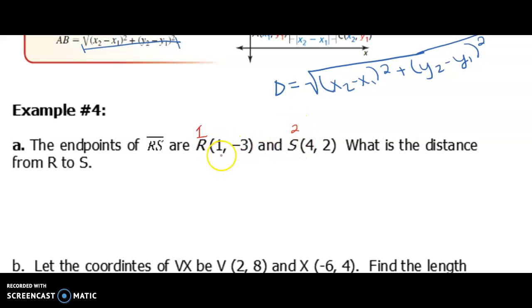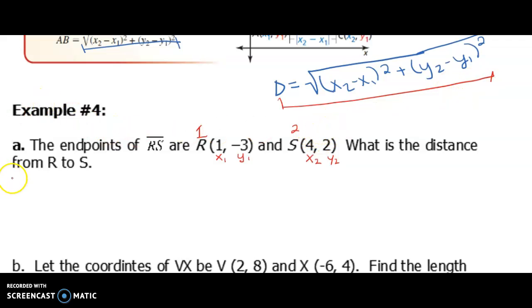If R is point 1, this is the X value of point 1, and this is the Y value of point 1. This is the X value of point 2, and the Y value of point 2. So we have x1 equals 1, y1 equals negative 3, don't drop this negative, x2 is 4, and y2 is 2. Now we're just going to take this formula and plug these numbers into it.